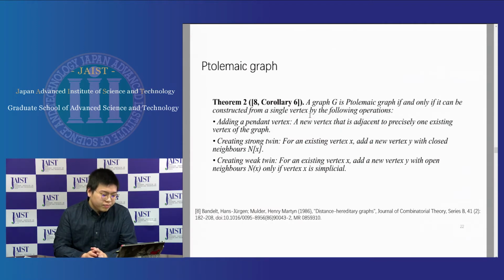The 3 operations are the same as for distance hereditary graphs, with only one difference. When we create the weak twin, we have to make sure that the vertex should be a simplicial vertex. Here, simplicial vertex means that all the open neighbors of this vertex X form a clique.